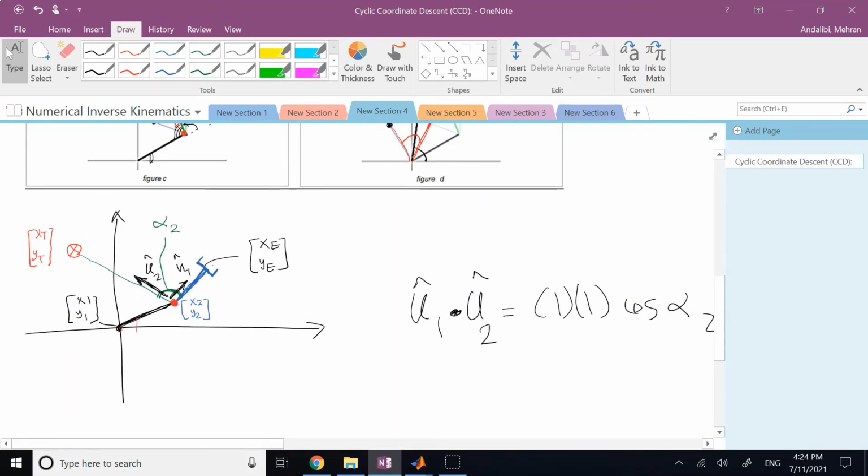So if you look at U1 and U2, clearly you see U2 has a bigger angle than U1. So I have to add, right?